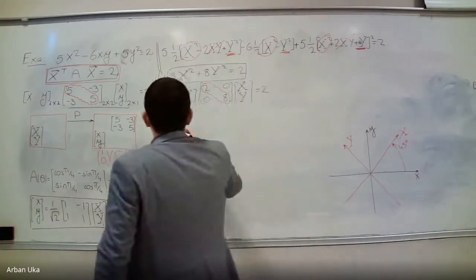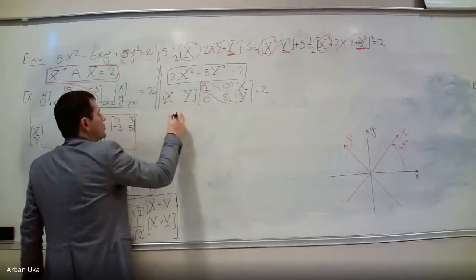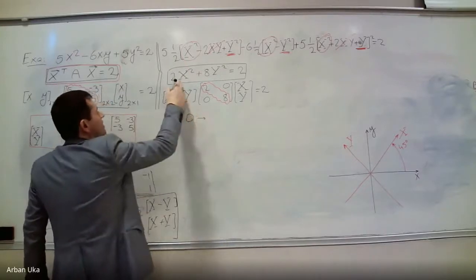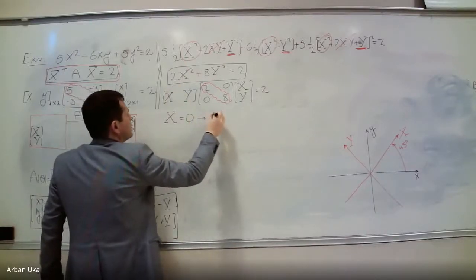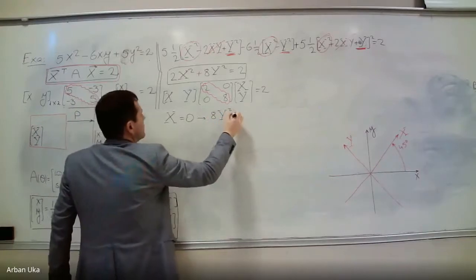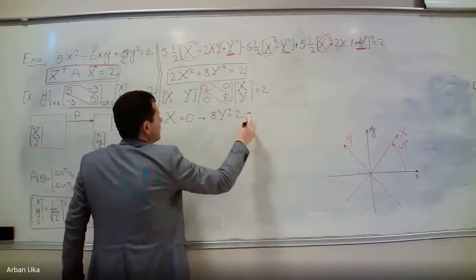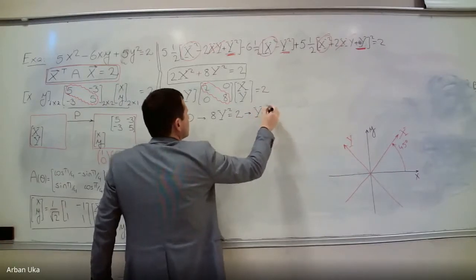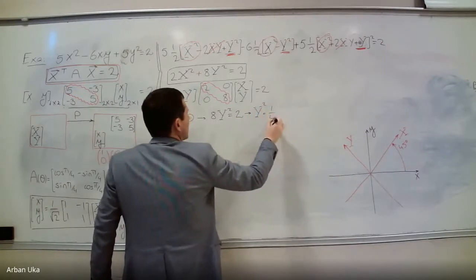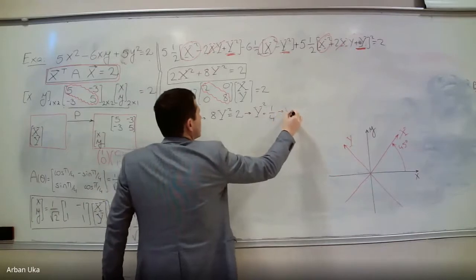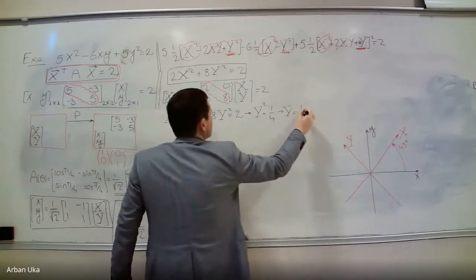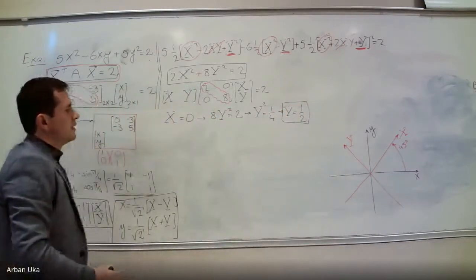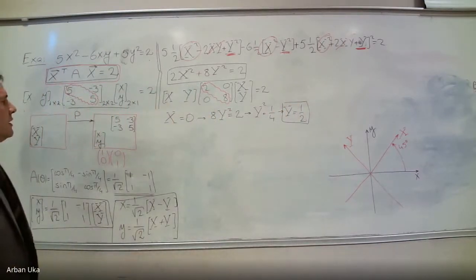So to figure out what the graph is going to look like, let's see what happens when x is equal to 0. We have 8y squared equal to 2, and this means that y squared is equal to 1 over 4. This means that the capital Y is 1 over 2, right?